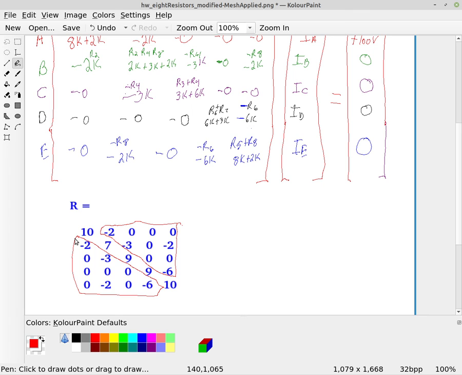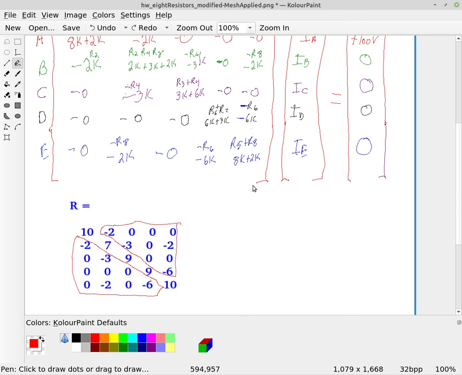And everything along the diagonal needs to be positive. So those are some quick checks you can do. You can double check to make sure that if it's not on the diagonal, it's negative or 0. And the upper triangle and the lower triangle need to be symmetric.